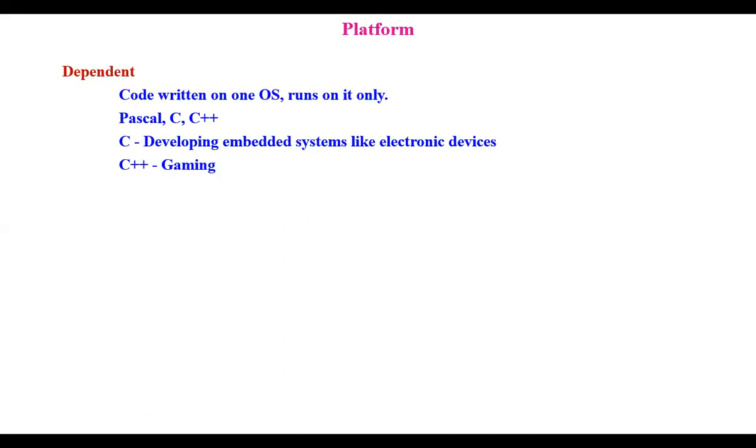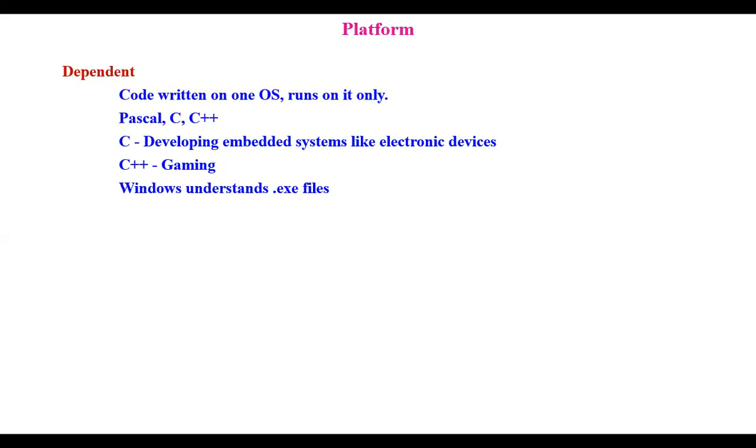C++: suppose you developed a game for a particular operating system like Windows, it will work only on those systems. It cannot be run on other operating systems. Why? Because Windows understands the files which are in .exe mode. The file extension should be .exe.